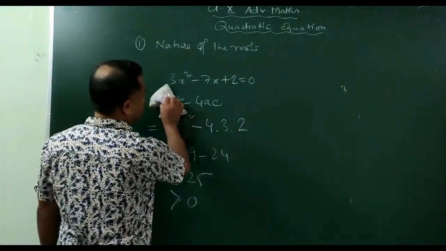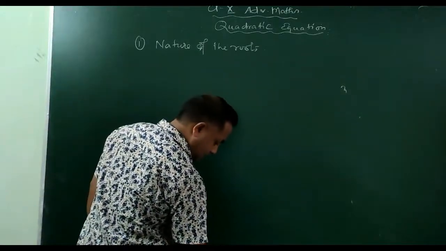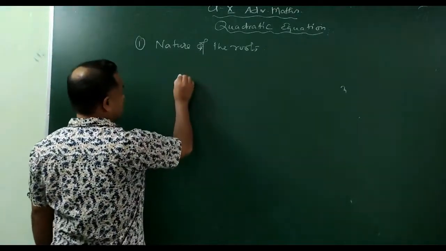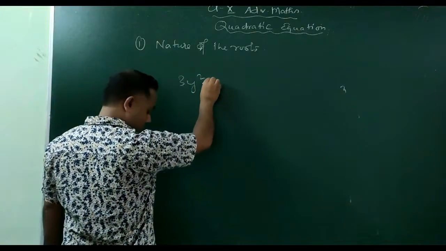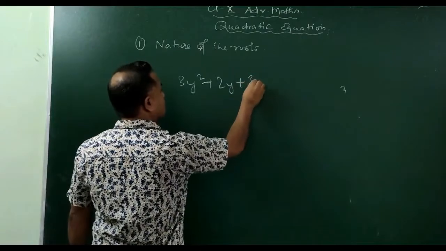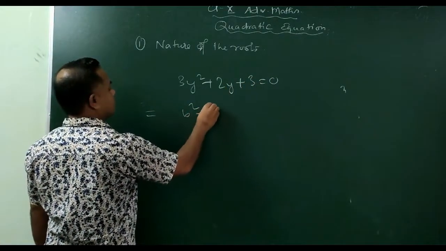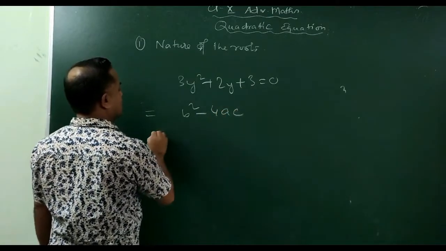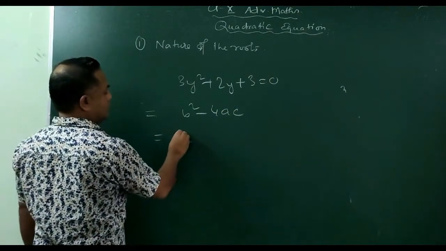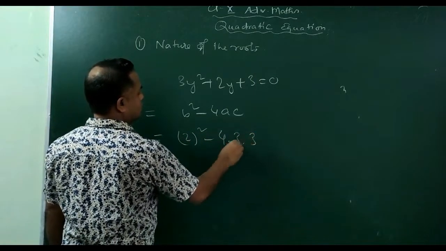Now let's assume another example: 3y square plus 2y plus 3 equal to 0. Here again we have b square minus 4ac. We put the values: 2 square minus 4, a is 3, c also 3.